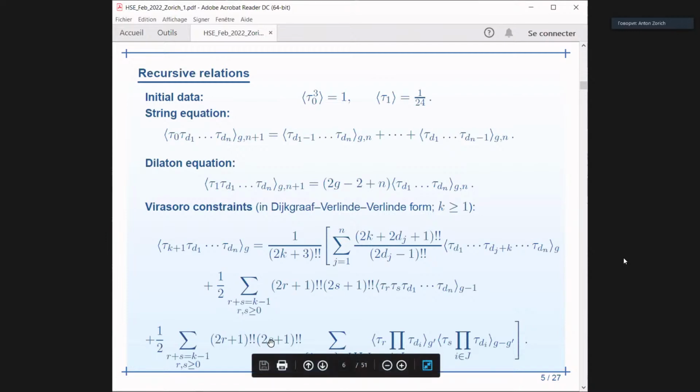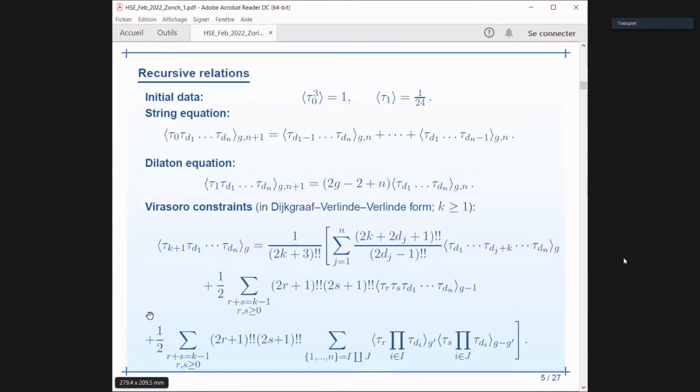Because, for example, in this term, which is the bottom line, you have to split your partition in all possible ways into two partitions. And the sum becomes gigantic for already relatively small values of g and n. So the main trouble here is n, not the genus, but when n starts to grow, it becomes really very difficult to compute them and the computation becomes slow.